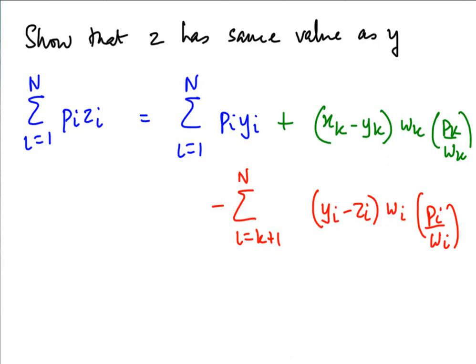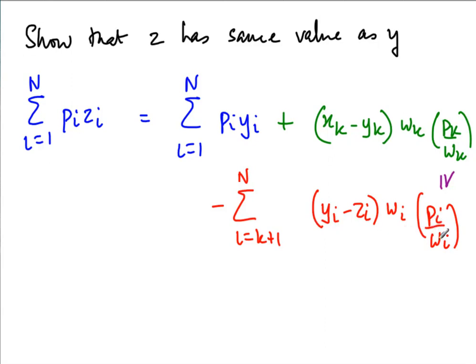Now the crucial observation is that pk by wk is bigger than all the pi by wi, because this is the unit cost at k and this is the unit cost to the right of k, and the unit costs are arranged in decreasing order. So the unit cost at k is bigger than the unit cost to the right, and so if I replace pi by wi by pk by wk everywhere, I will get a larger amount subtracted, right?